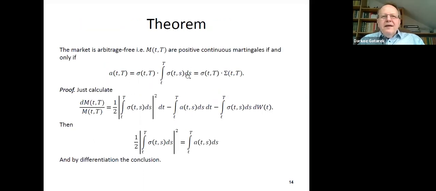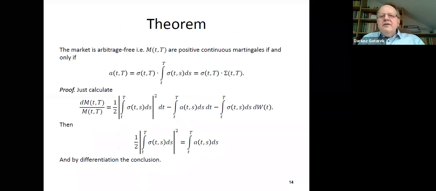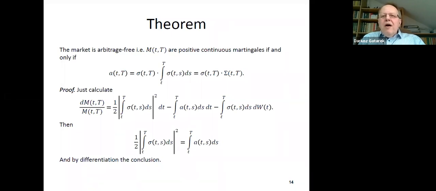A is determined by sigma. So we've got exactly the same situation as in the Black and Scholes theory. Because as you probably know, some other guys did try to give option pricing formulae, and they were quite close to Black and Scholes with one difference.